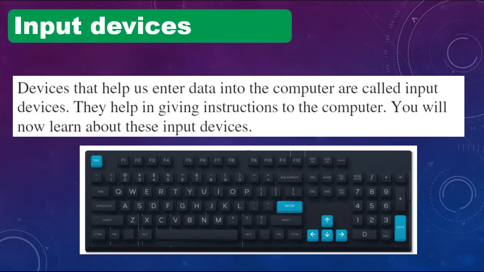You can write numbers from 0 to 9. You can see some numbers on this keyboard. These are numbers, and here are alphabets. You can see A, S, D, R, T. These alphabets help us to type our name into the computer, and these numbers help to write numbers into the computer.